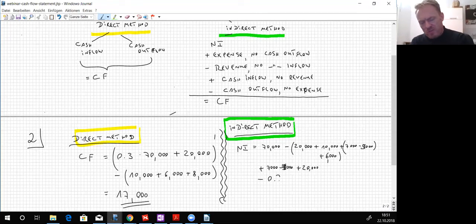So 0.7 times 70,000 is revenue, but no cash inflow.